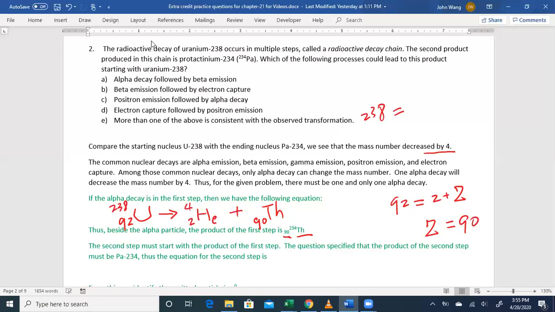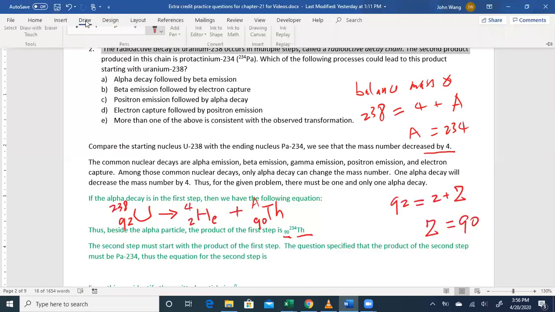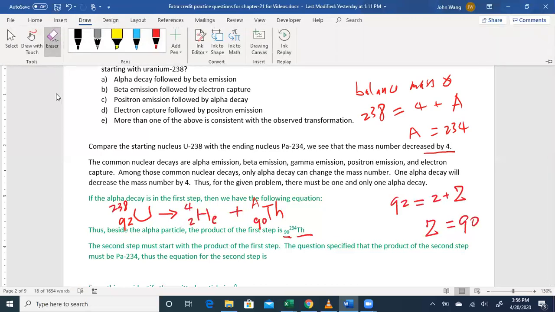The mass number should be balanced: 238 equals 4 plus, we call that A. Solving for A, A equals 234. Now we have found both products in the first step. Therefore, we can go on with the possibility for the second step.